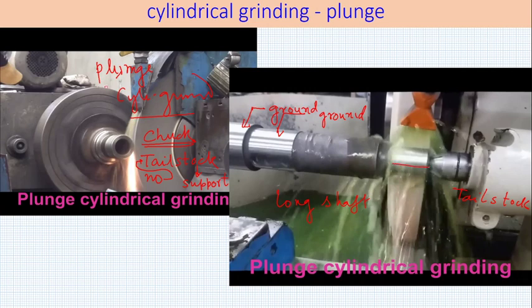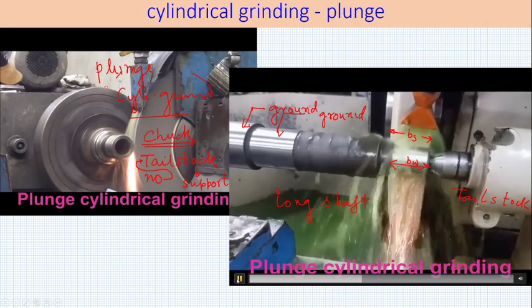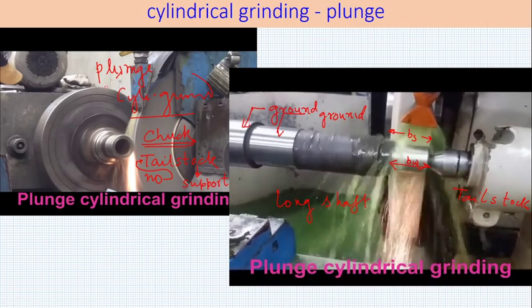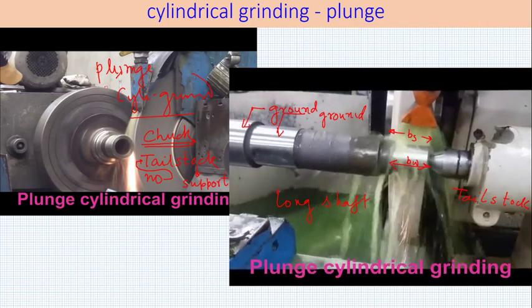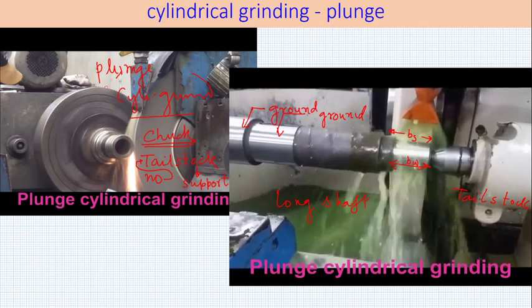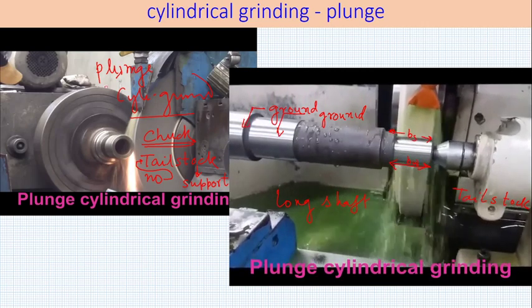Now this particular surface is being ground, where this is the BW, and if you look at BS, BS is definitely longer. This is definitely not supported on the other side by a chuck. It is mounted between centers. So this is the video of plunge cylindrical grinding, and as you can see, at the end of the video, the grinding wheel will retract.